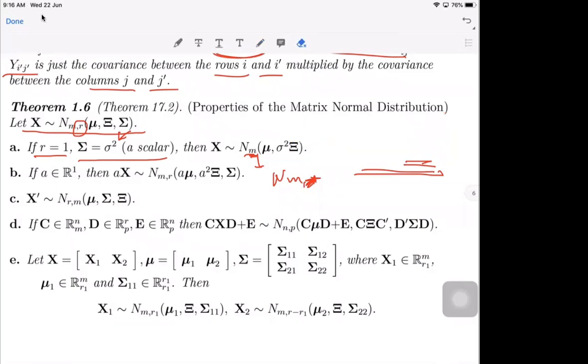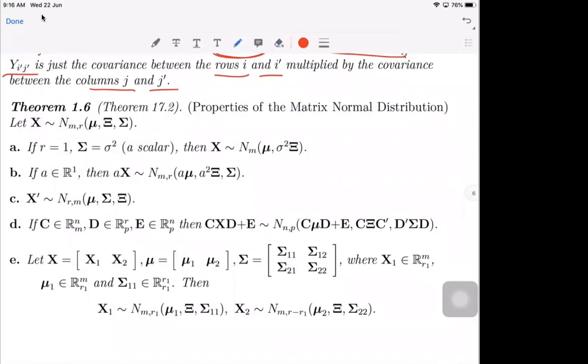So when R is equal to 1, it narrows down to our usual univariate case. If we have a scalar A multiplied to X, this is the assumption, no? The X is normally distributed with 3 parameters. So if it is pre-multiplied by A, your mu is pre-multiplied by A, psi is A squared psi, and sigma.